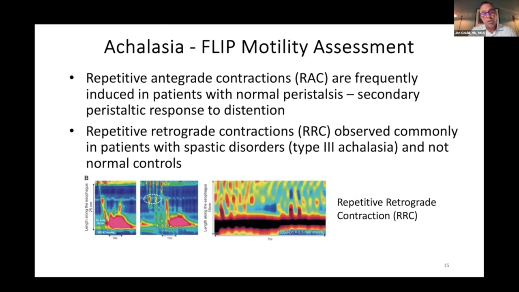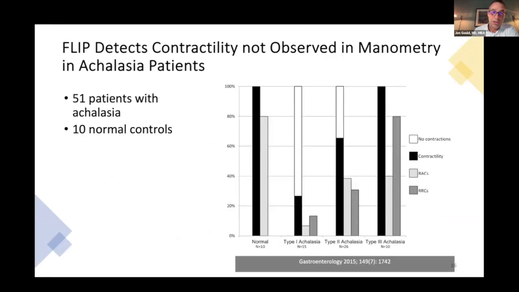With the endoflip machine, you can see the time axis flowing, and you can see the antegrade direction of these contractions, and those are normal phenomena. Repetitive retrograde contractions are these contractions in reverse. If you see 3 of those in a row, that's pretty characteristically seen in patients with spastic disorders and type 3 achalasia, especially.